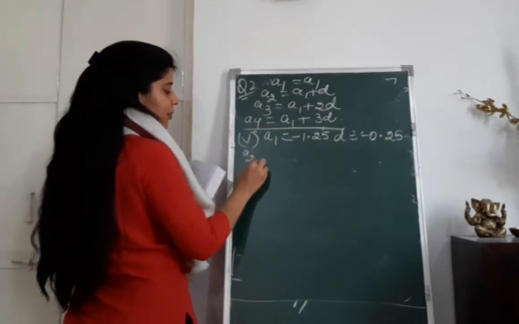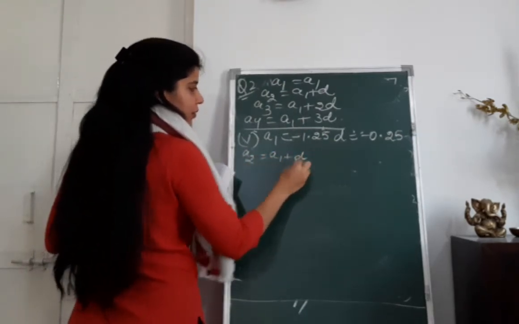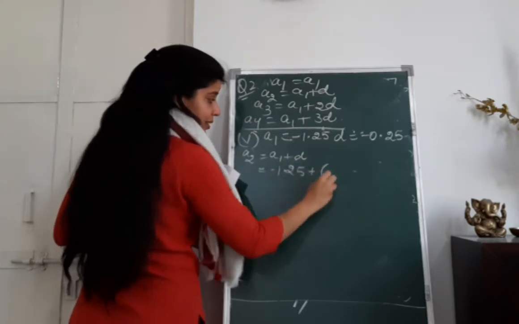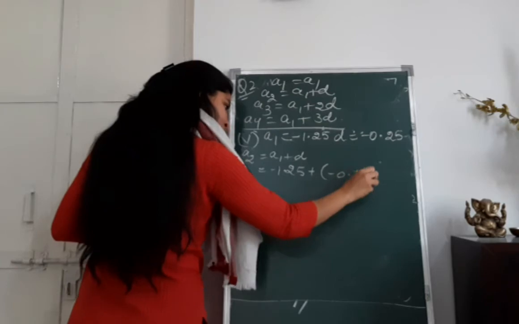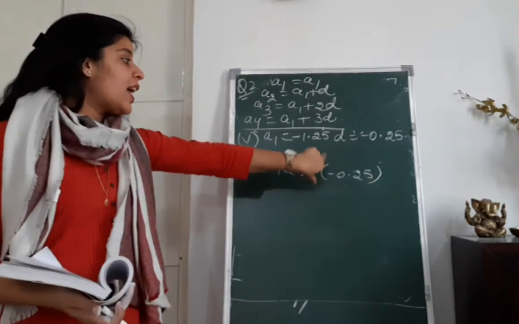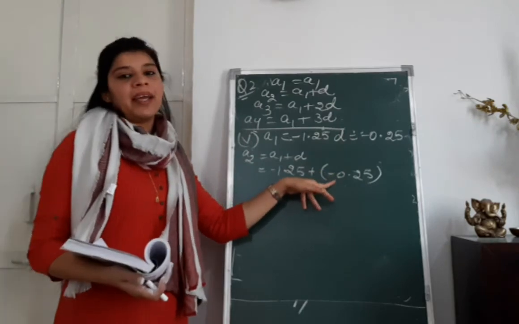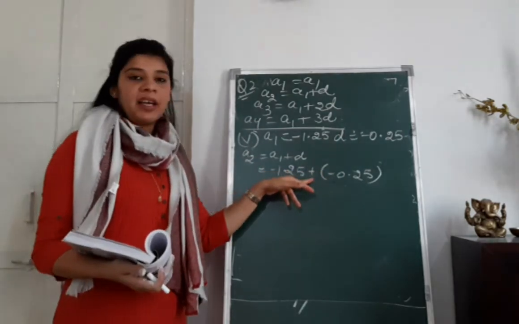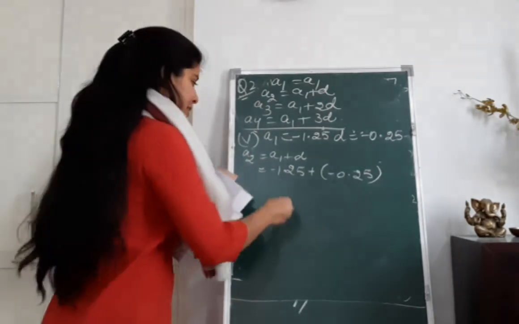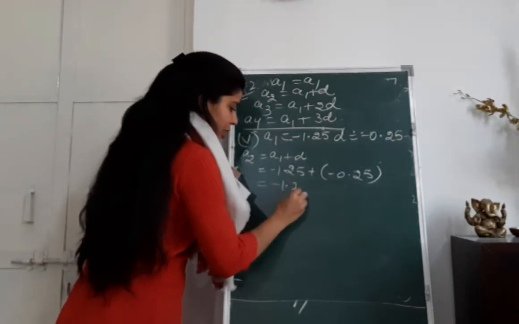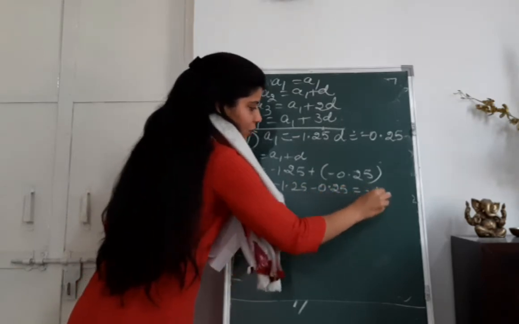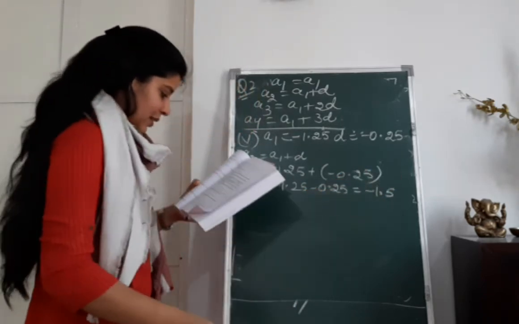So A2 will be A1 plus D, which is minus 1.25 plus minus 0.25. I explained this to you in my last video also. If inside the bracket you have something in minus and it is preceded by a positive sign, then this whole will take a negative sign. So this becomes minus 1.25 minus 0.25, which gives you nothing but minus 1.5.